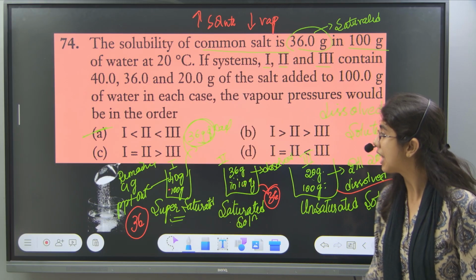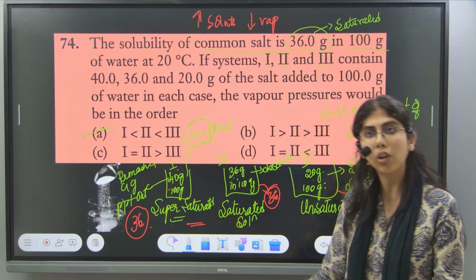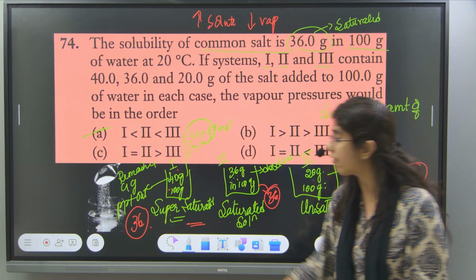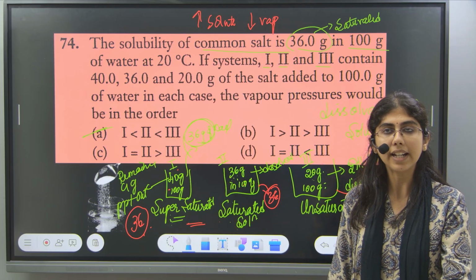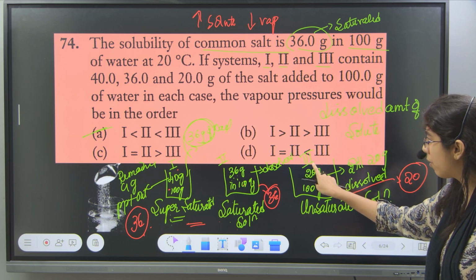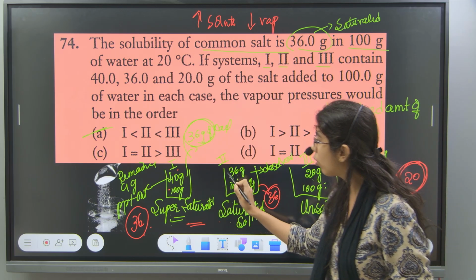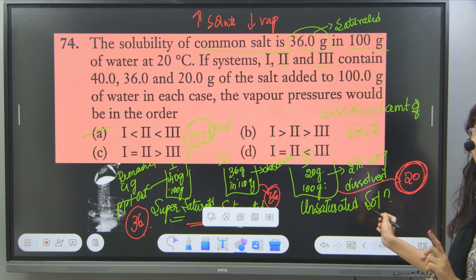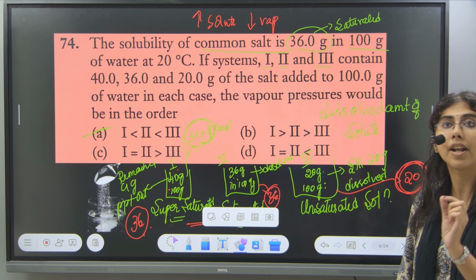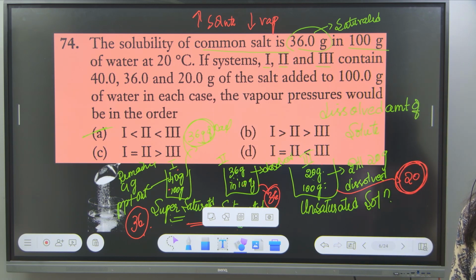That means in 1 and 2, the amount of dissolved solute is the same. That means the vapor pressure due to 1 and 2 will be the same, right? Now come to the third one. The dissolved amount is 20. 1 and 2 have a dissolved amount of 36. Between 1 and 2 and 3, in which case will the vapor pressure be high? Third.